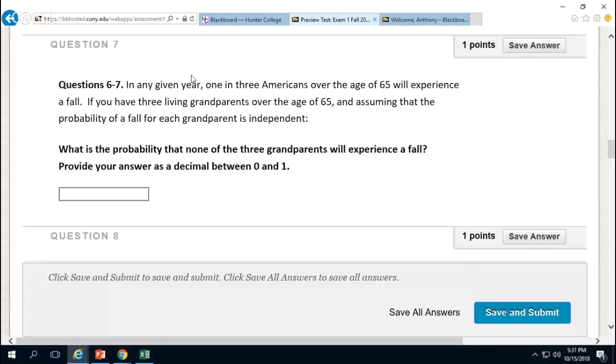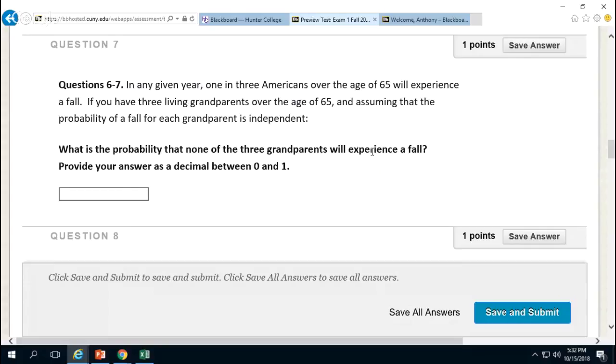In any given year, 1 in 3 Americans over the age of 65 will experience a fall. If you have 3 living grandparents, 1 has died, over the age of 65, or maybe one of them is less than 65. Assuming that the probability of a fall for each grandparent is independent, what is the probability that none of the 3 grandparents will experience a fall?